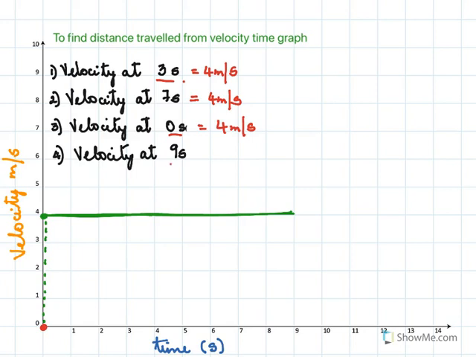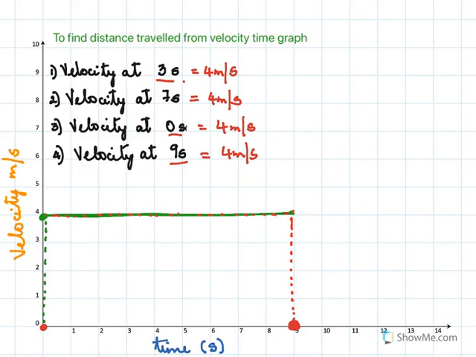Then we have to go for 9 seconds. So first we'll see on the time graph where is 9 seconds. Here is 9 seconds on the time graph, okay? And then we go to the velocity time graph here, and we try to find the velocity. So it comes again at 4. So here also the velocity is 4 meters per second.